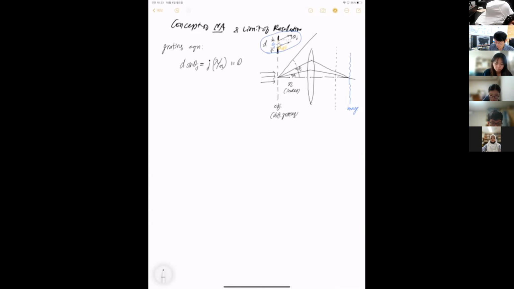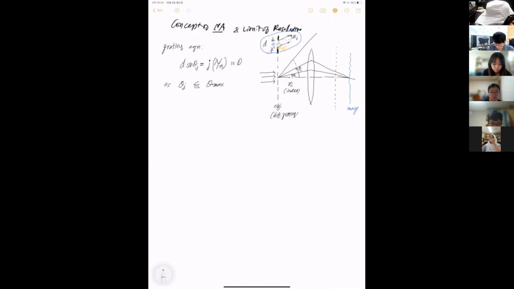Okay. The important aspect here is, your theta J has to pass through this objective lens. Otherwise, it goes outside, and you can't form any information. So theta J must be smaller than theta max, and theta max is the half angle. Okay.